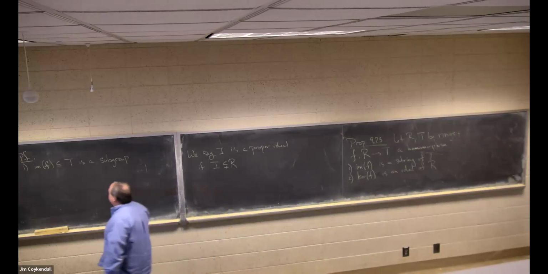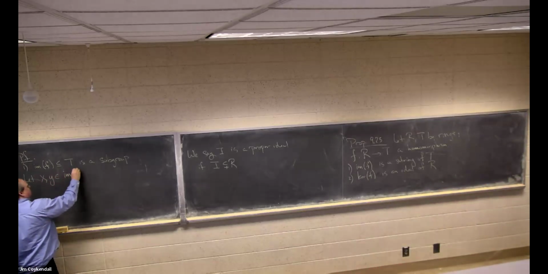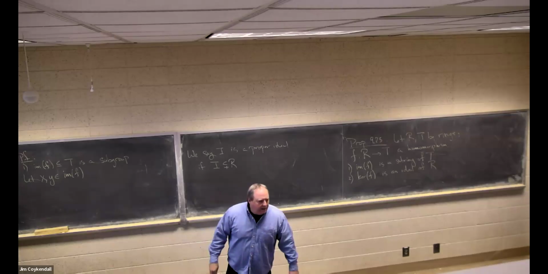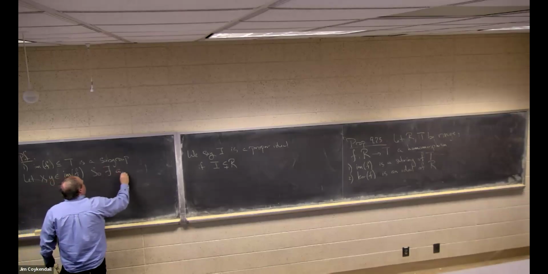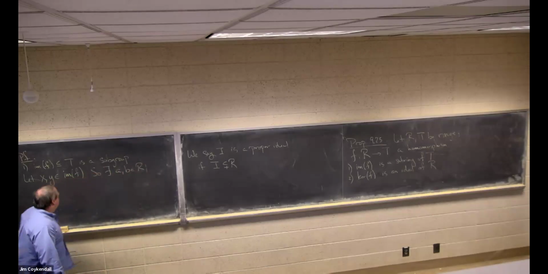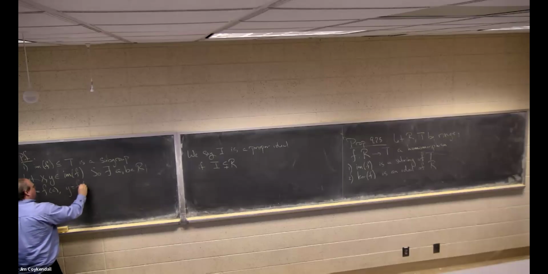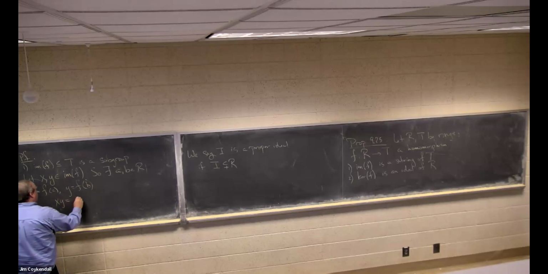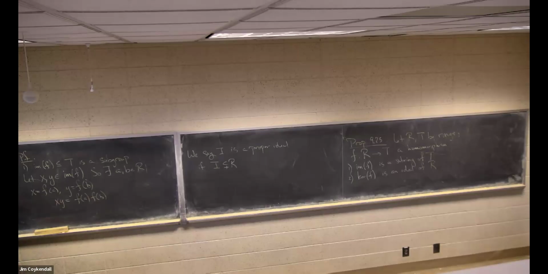So suppose x and y live in the image of f. What does it mean to live in the image of f? By definition, there exist a and b in R such that x equals f of a and y equals f of b. Agree? So let's look at xy.